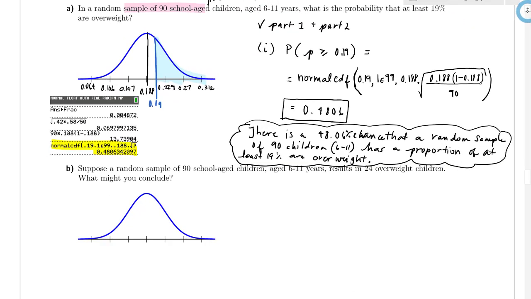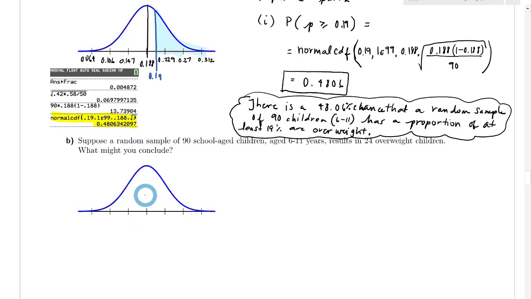Okay, so now in this last part, in part B, it talks about a random sample of 90 school-age children still, but it results in 24 overweight children. So what would you conclude? So here we're kind of picking at this, right? So let me go ahead and mark the normal curve as usual.